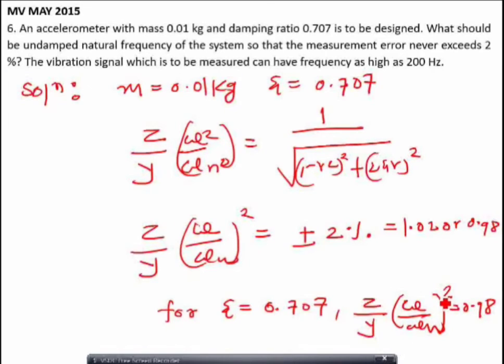How have we selected this? From the frequency response curve. I have already explained in the previous example how to select this value 0.98 from that curve. So again, for zeta equal to 0.707, Z by Y will not cross 1. So instead of taking 1.02, I will take 0.98.